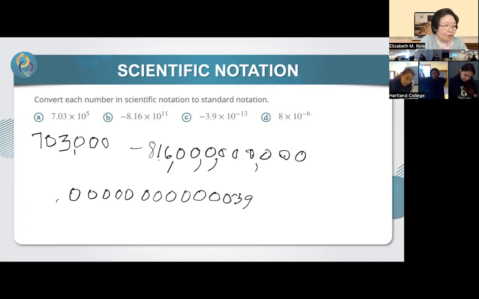Yeah, so you subtract 1 because there's a 3.9 there, minus 1 for the number of zeros.